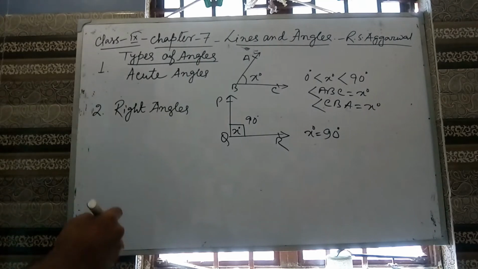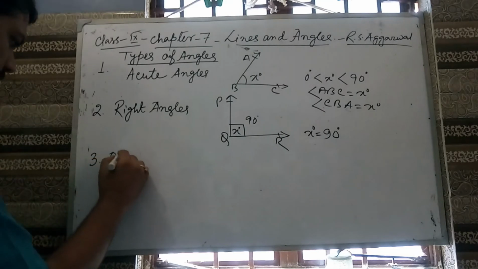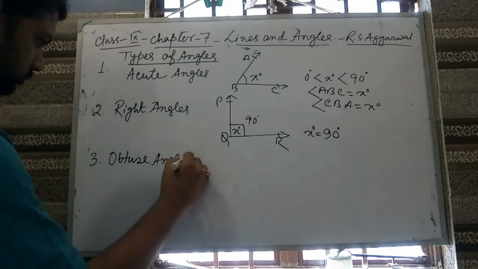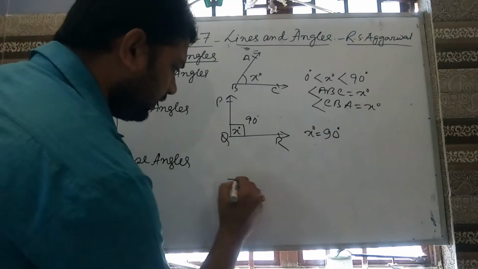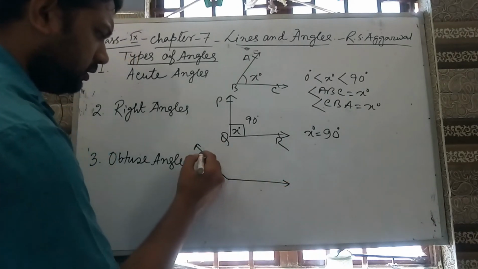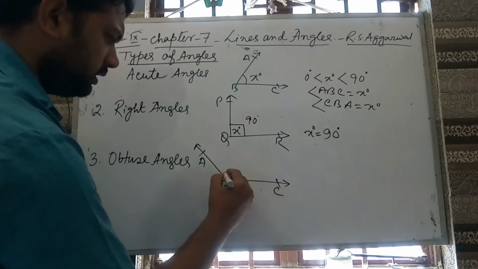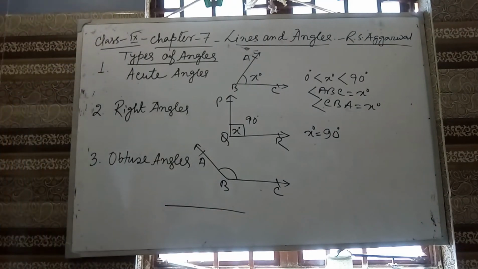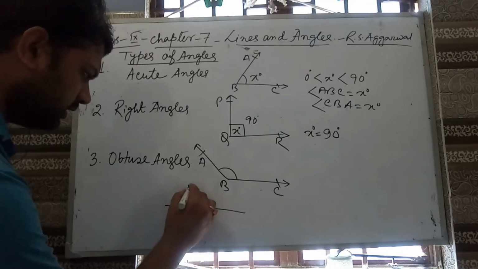Now next, obtuse angle. Obtuse angles. If the measurement of any angle is greater than 90 degree but less than 180 degree. Look, 180 degree means a straight line, a straight angle. If we take a point, then this angle is 180 degree.